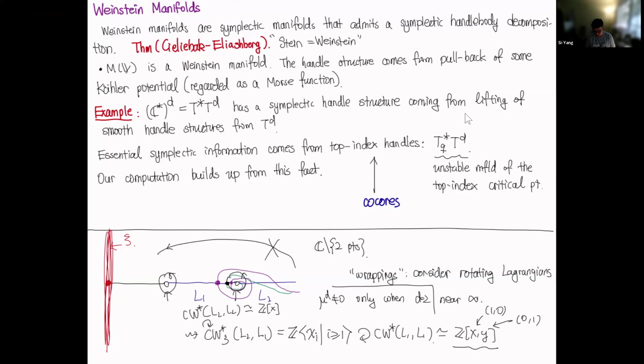And when d is 2, this computation reduces locally to each hyperplane. Near each hyperplane you just see something like this. Your Lagrangian is here, and you try to wrap around, or another Lagrangian is here.